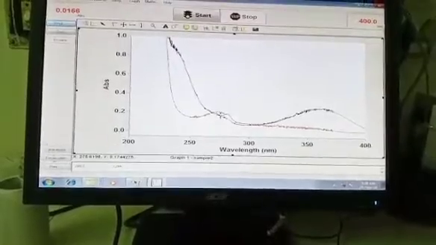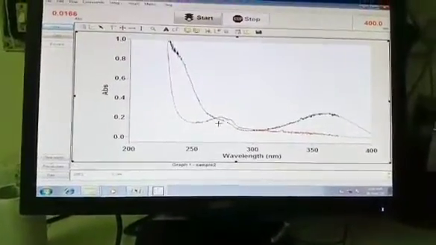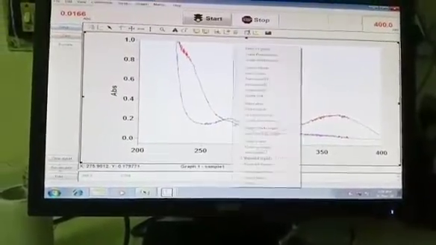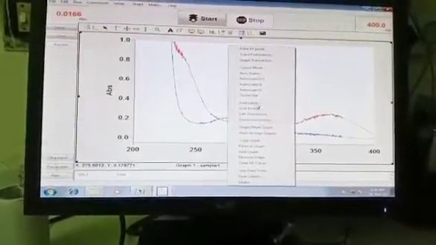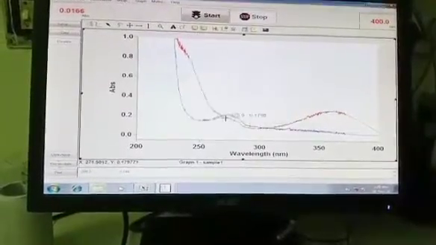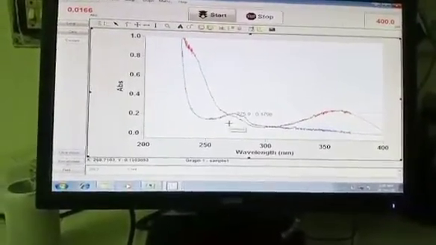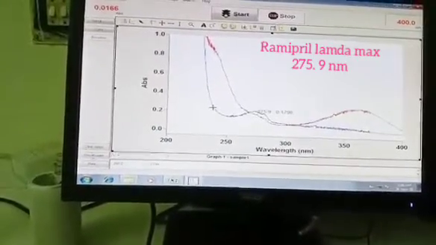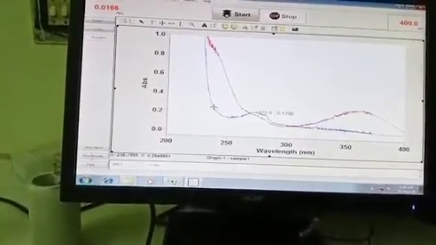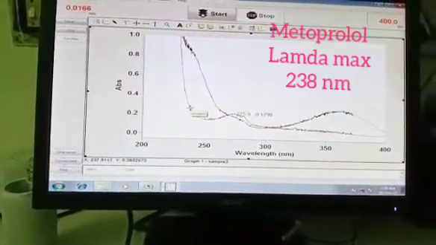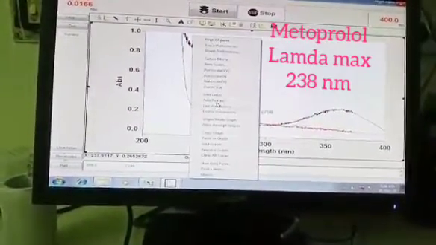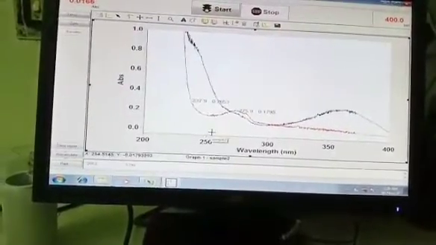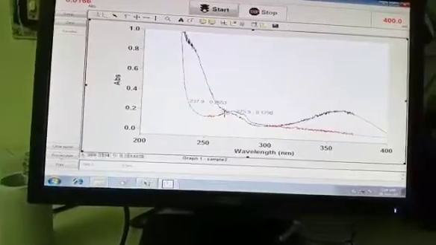For Ramipril, the lambda max is obtained at around 275.9, and for metoprolol the lambda max is obtained at around 238, and you can see the intersection point here.